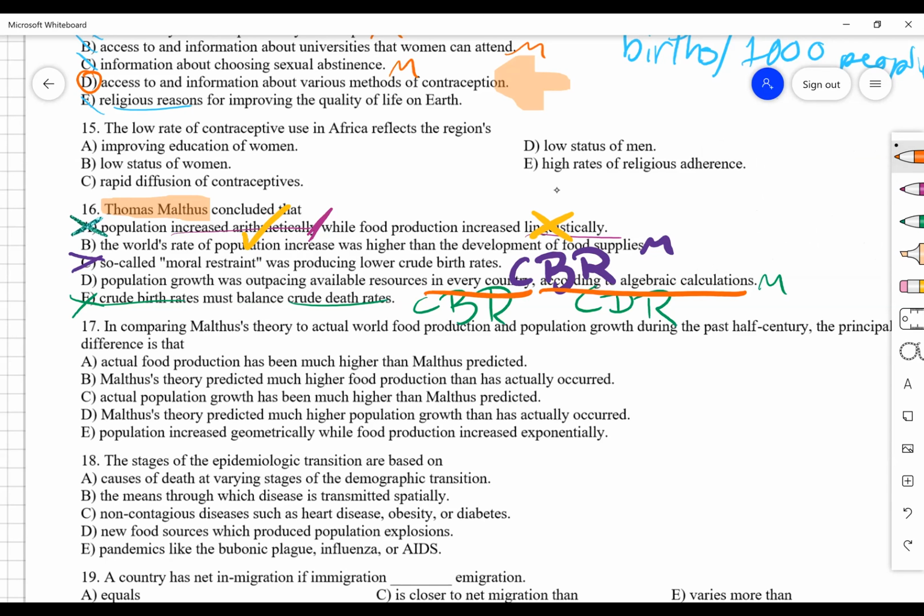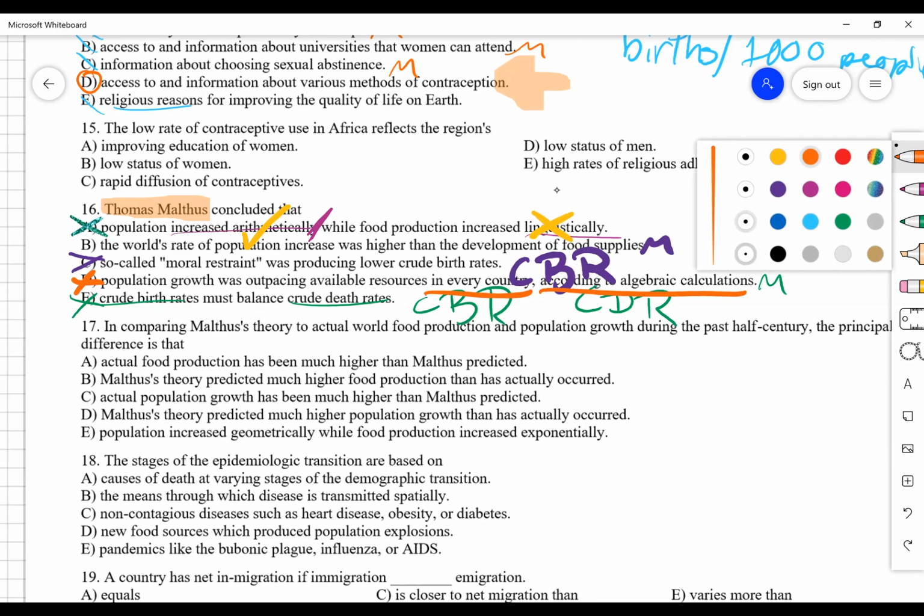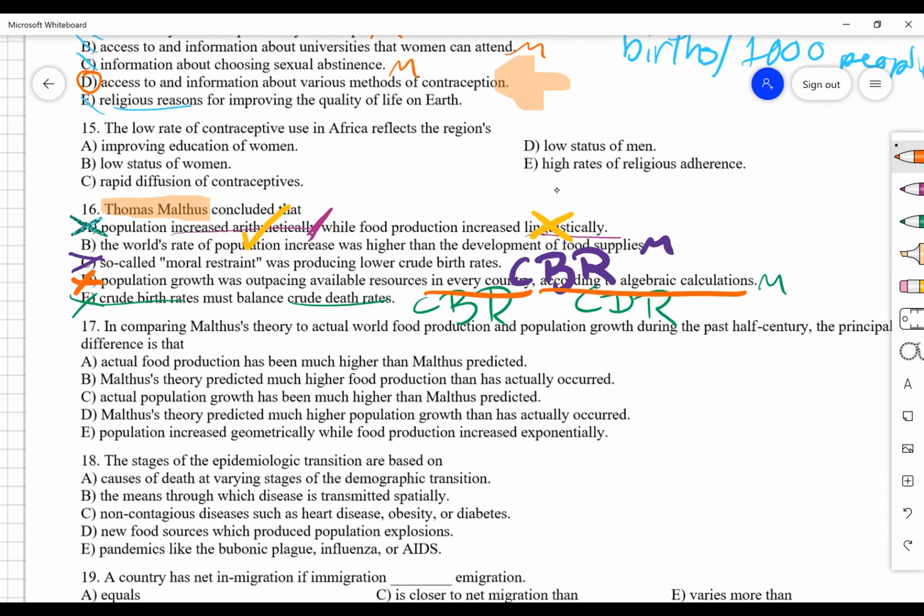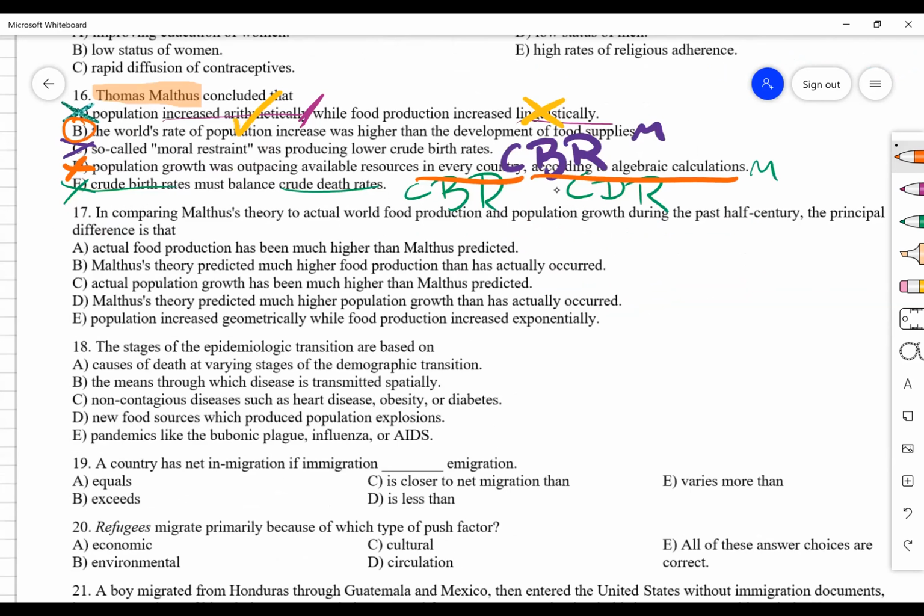Also, it says in every country. This graph is only examining the world. I'm not examining the country of Vietnam. I'm not examining the country of Bangladesh like we just were. I'm not examining the country of Bolivia. So that's way too specific for this question. It says Thomas Malthus concluded that. B. That's what he concluded in the most general terms and in the most correct terms.